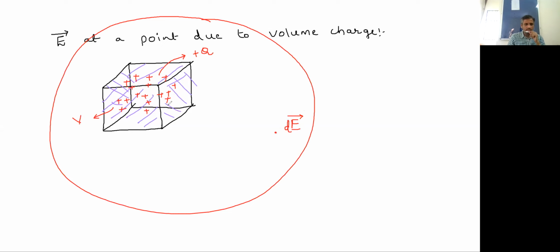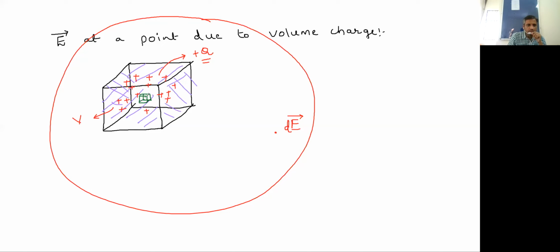So, if this charge is the total charge, then you have to take a small differential volume inside this volume V. You again draw a small cubical box.